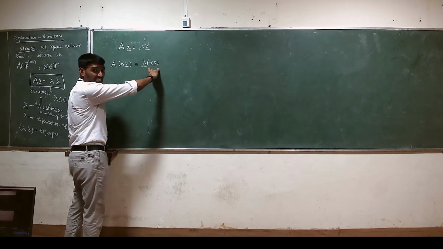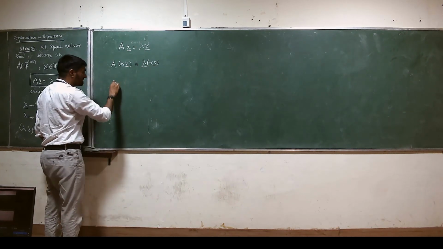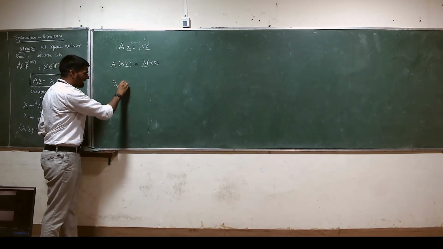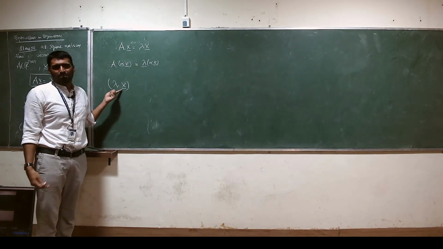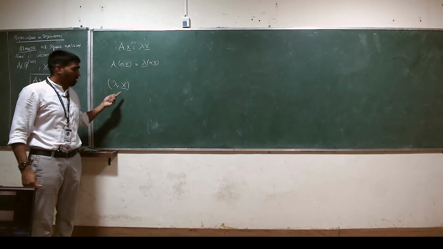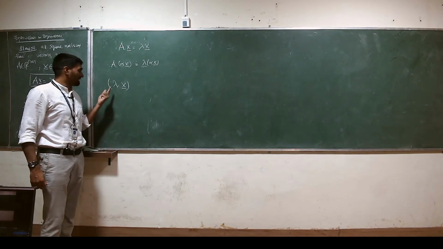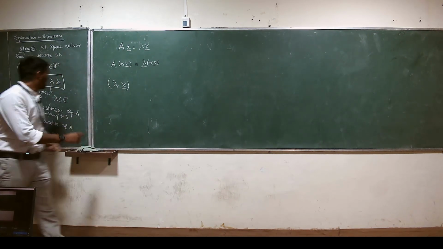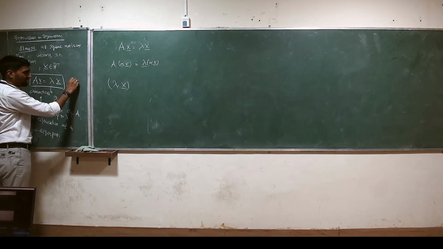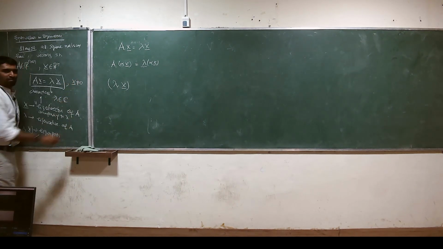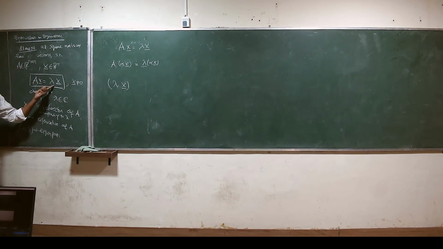It's some scaled version of X. What really matters here is lambda, and this X is not unique. I could have taken 4 times X, minus 3 times X, 35 times X. All of them would be an eigenpair corresponding to this eigenvalue lambda. Another important thing that I forgot to say is that X cannot be 0, because then it's stupidly true, and there are infinitely many lambdas that would satisfy it.